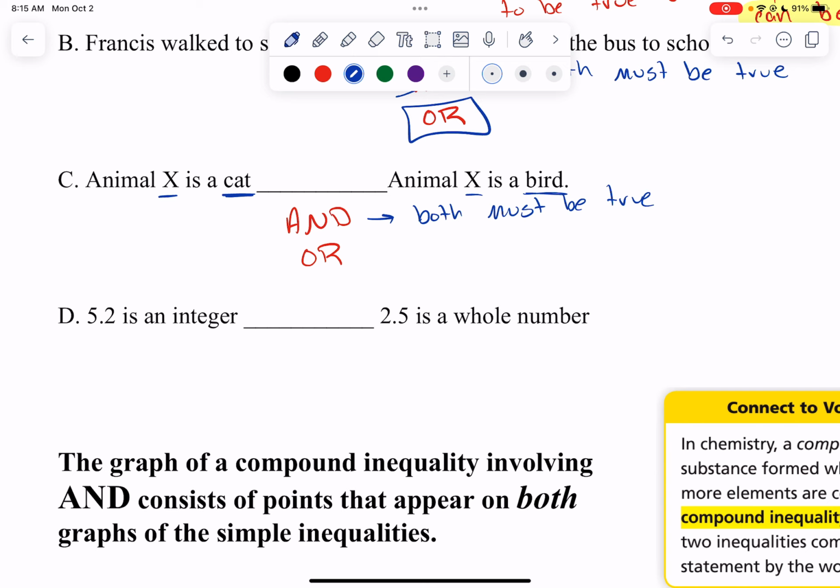No, those are two distinct, I believe, phyla, kingdoms. I don't know. Scientific classification is not my strong suit. But I know they're two different things. So you can't be both a cat and a bird. So or would make better sense. It could be a cat or it could be a bird. Again, for or, it's one or the other or both. In this case, or both won't work. So one or the other.